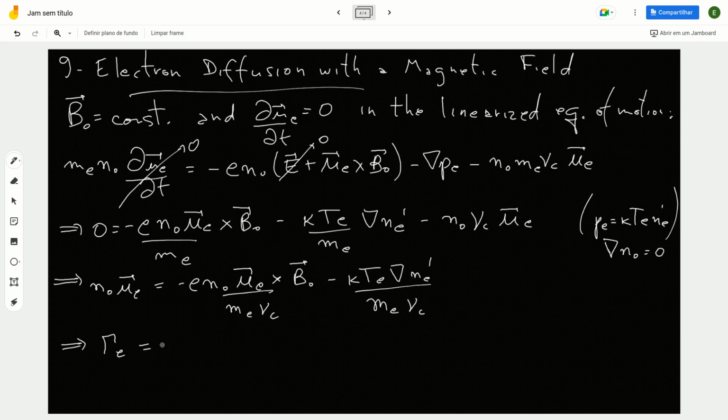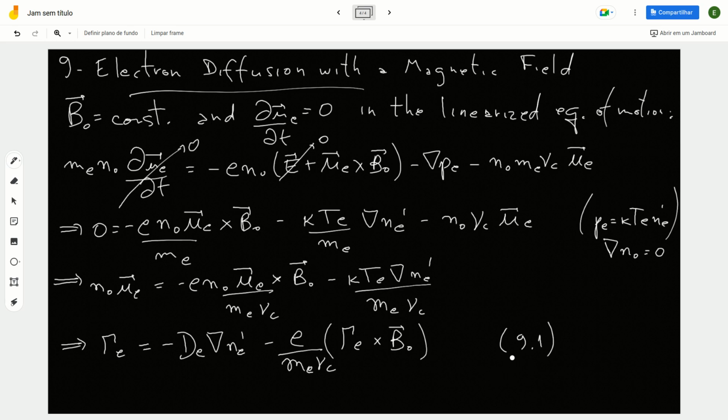We can use it minus dE times the gradient of electron density minus, I'll write it like this. So this is the first part. And here we have N0 times UE again, so we know that this is gamma E.